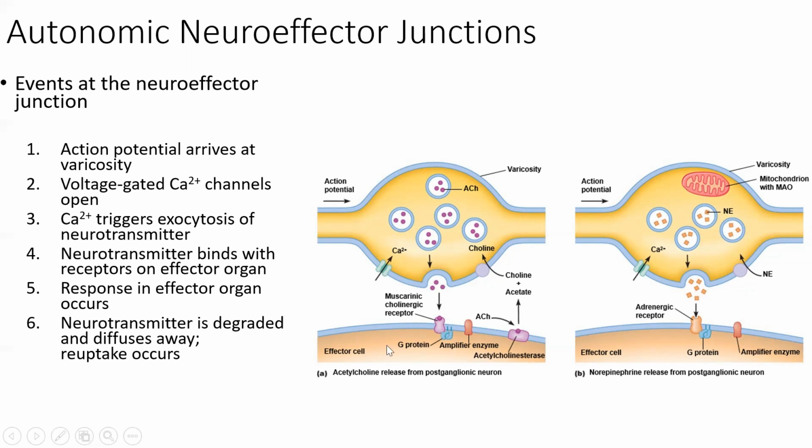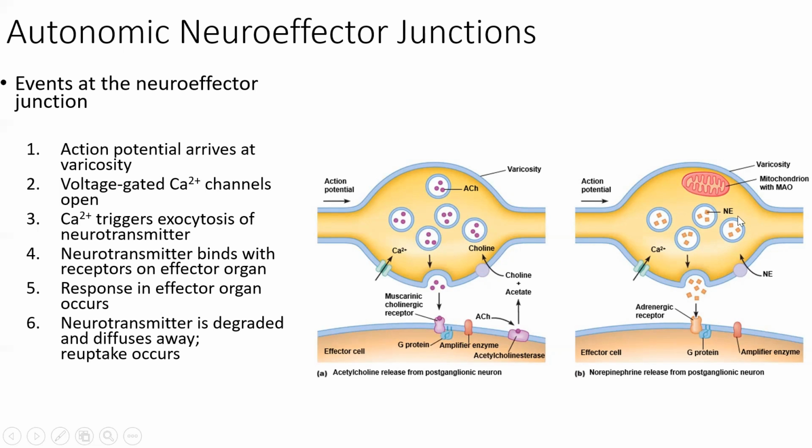On our parasympathetic side, the neurotransmitter is acetylcholine. The response will be brought about by a muscarinic cholinergic receptor. The degrading enzyme is acetylcholinesterase, and so we can degrade that. We can reuptake it, so repackage it to make a new vesicle, or we can simply let it diffuse away.